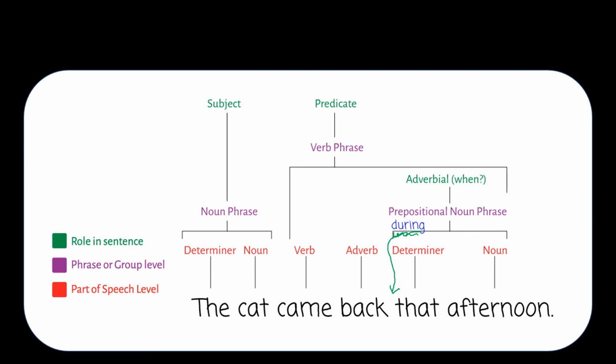So because we delete it, we have a noun phrase, but it has an invisible preposition, so it's called a prepositional noun phrase. And it's an adverbial. So the main verb plus an adverb plus another adverbial becomes the verb phrase. At the top level of the hierarchy, we have the sentence role of subject and the predicate. So once again, we have a simple sentence.